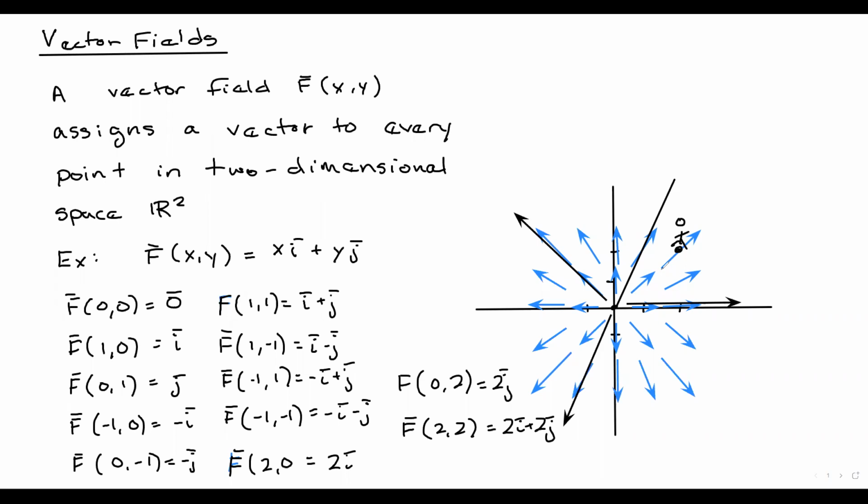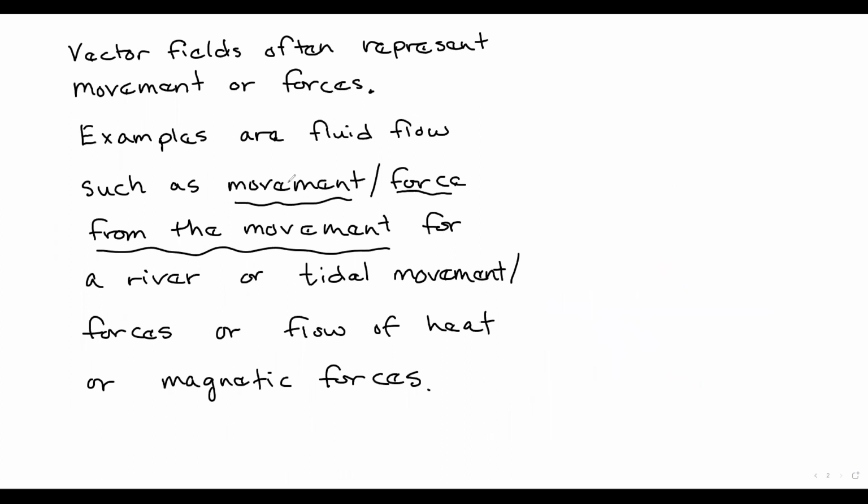So vector fields can either model the flow of a fluid, or they could model a force from withstanding that flow. That's why I break it up into the two cases. It really comes down to the context, whether it's representing movement or the force that would come from that movement.